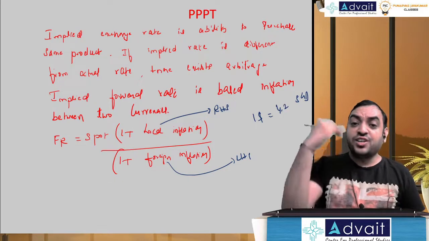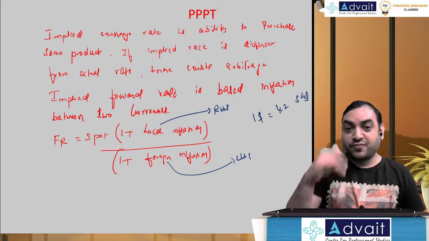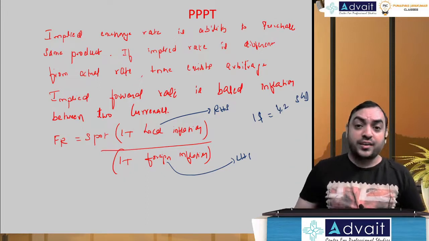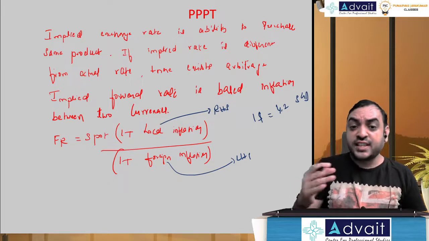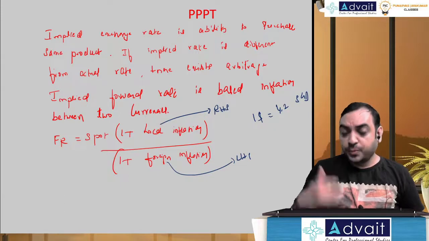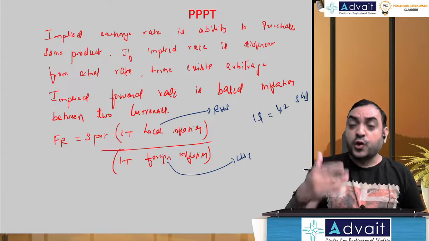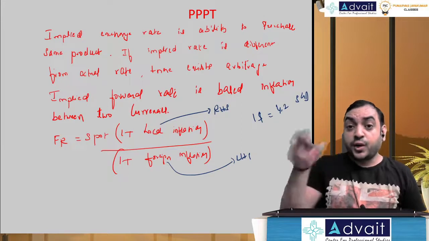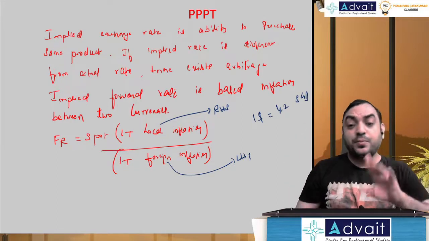If local inflation rate is high, what will happen to the forward rate? When local inflation is high, the compounding value is high, so the numerator is high. So the forward rate becomes high, meaning the foreign currency is trading at a premium.